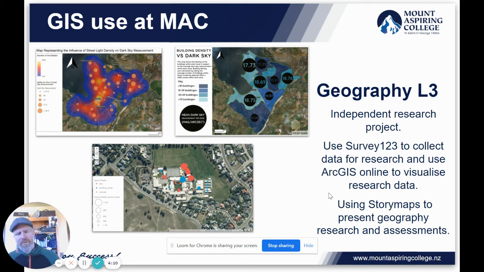I've used the dark sky imagery here, showing some choropleth maps and a heat map relating to streetlight density as well. So, interesting research ideas and using GIS to visualize that data. And the bottom is shade at the school, and that was a rapid research project showing the areas of shade and how big they were within the school.